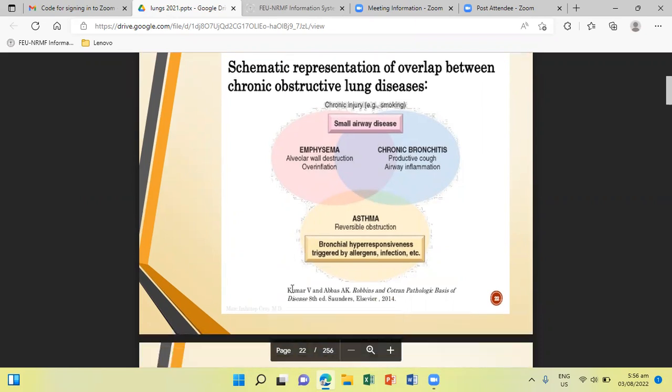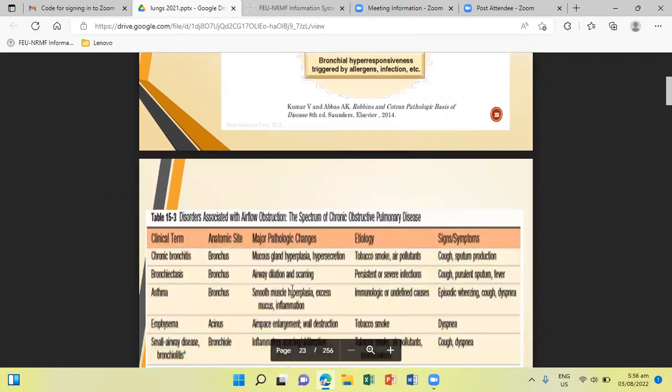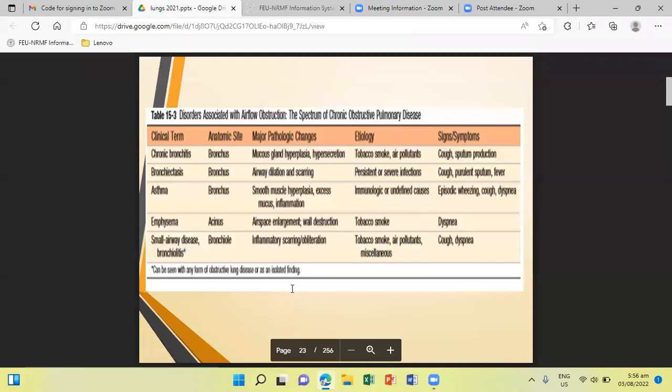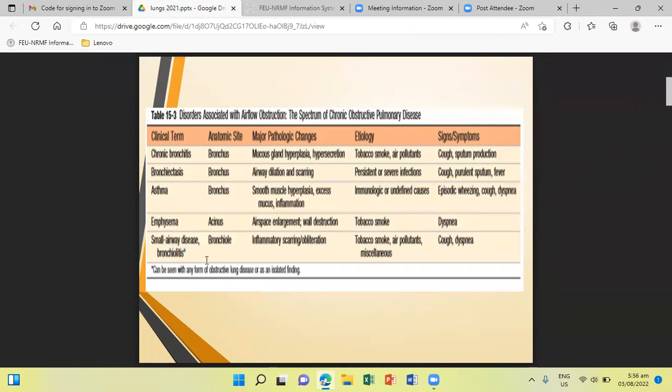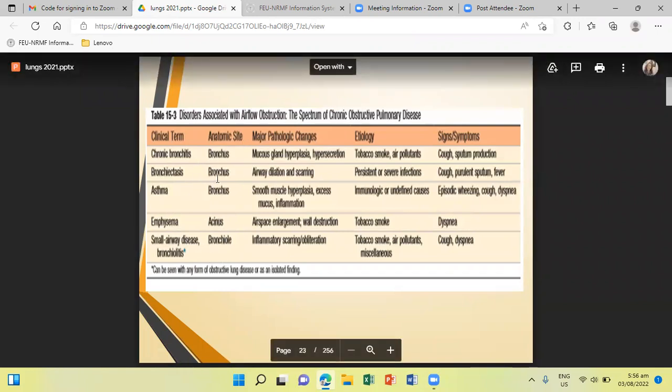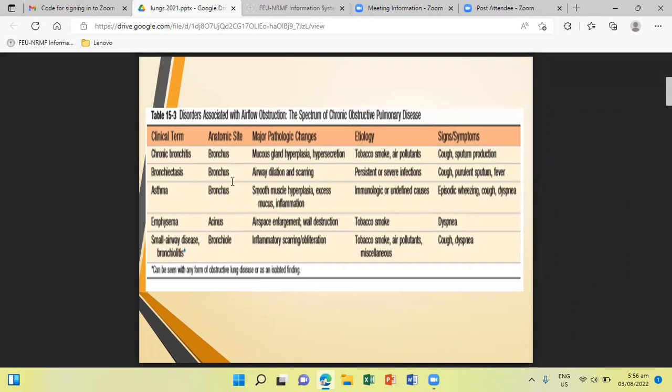So, the next is a table which is directly lifted from your book. This is a very important table because it gives you the different sites of involvement expected in the different obstructive pulmonary diseases. As you can see, at the level of the bronchus, when you think it is bronchitis, bronchiectasis, or asthma, then the involvement would be at the level of the bronchus.